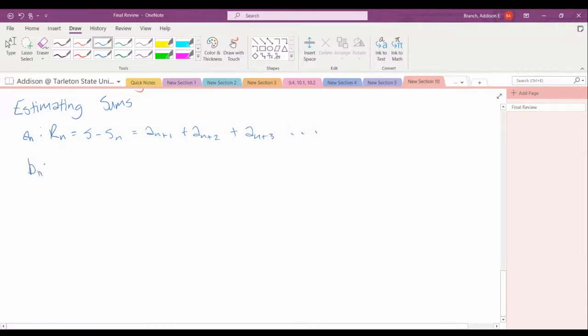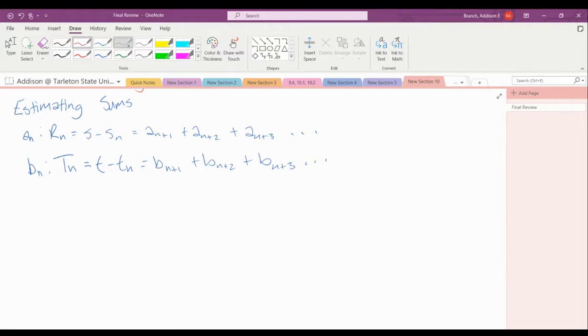And let's say we have sequence B, and the remainder for sequence B, which we'll call T, is that sum minus its partial sum. So b_{n+1} + b_{n+2} + b_{n+3}.